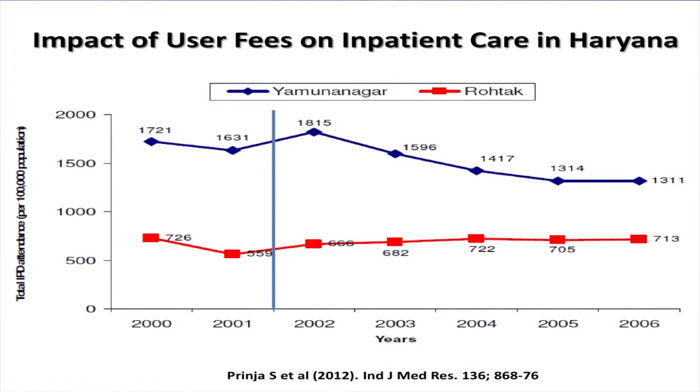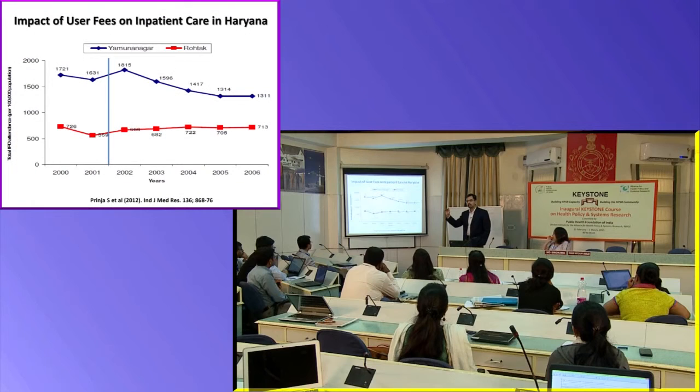This is something that we looked at in Haryana when the user charges were first implemented as part of the health sector reforms prior to even NRHM. So the user charges were implemented in 3 districts, and the remaining districts did not have the user charges. So what we looked at was one district where the user charge was implemented, the top one, and the bottom one where the user charge was not implemented.